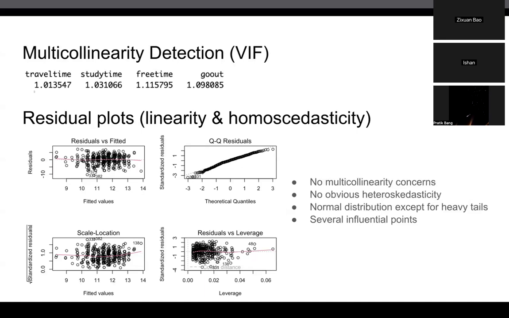The QQ plot shows that the distribution is normal, except for its heavy tail, but it is quite normal in a large sample. And the plot of residuals and leverage values shows that there are only several influential points.